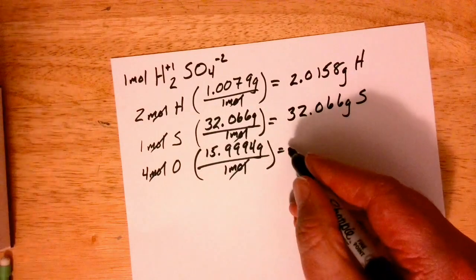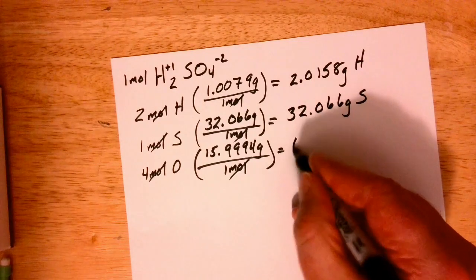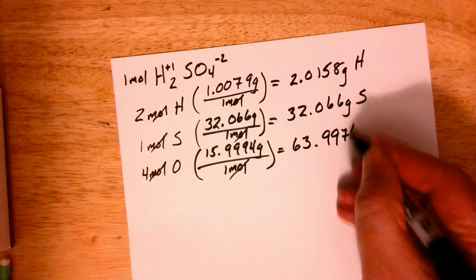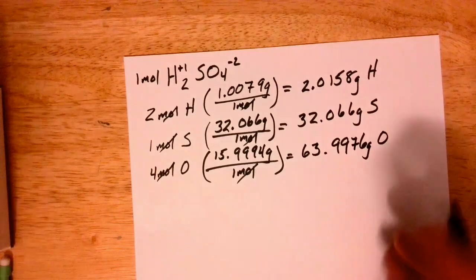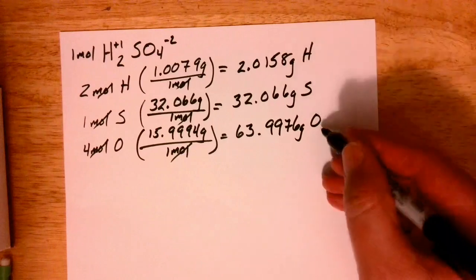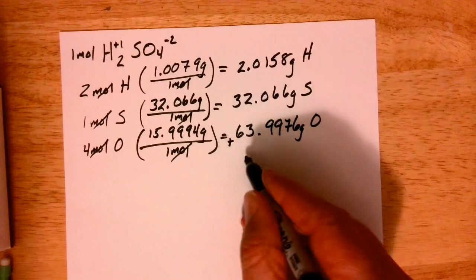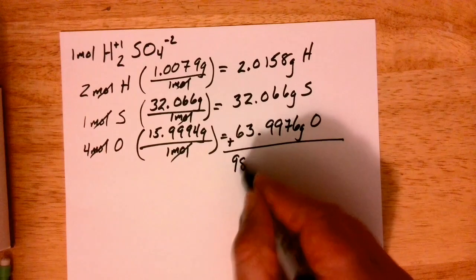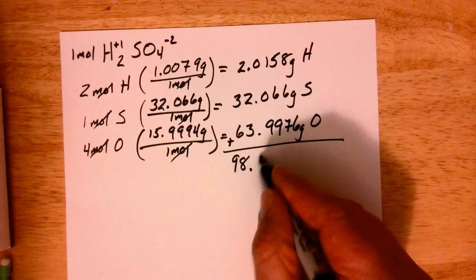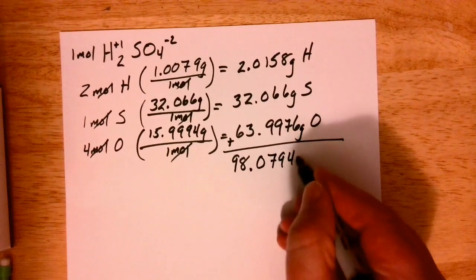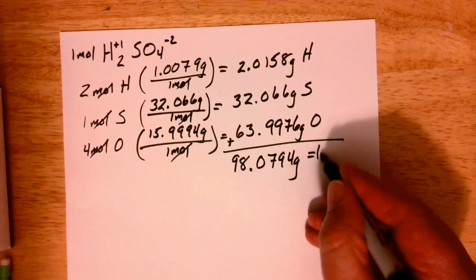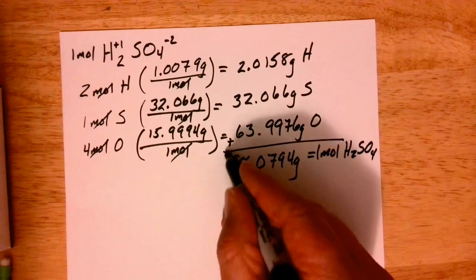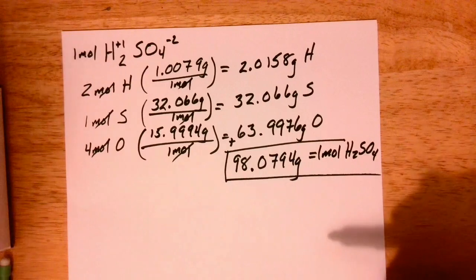Oxygen is going to be 63.9976 grams of oxygen. So to find the weight of the whole thing, you have to add up the numbers, which comes out to be 98.0794 grams. It's equal to 1 mole of H2SO4. So again, this is going to become another conversion unit.